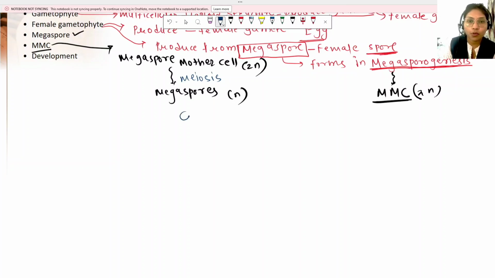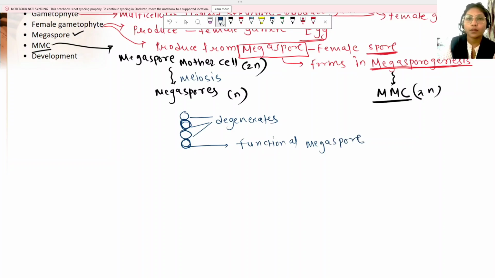After meiosis, there will be the formation of a linear tetrad of 4 megaspores like this. From these 4 megaspores, 3 megaspores will degenerate, and one will become the functional megaspore.